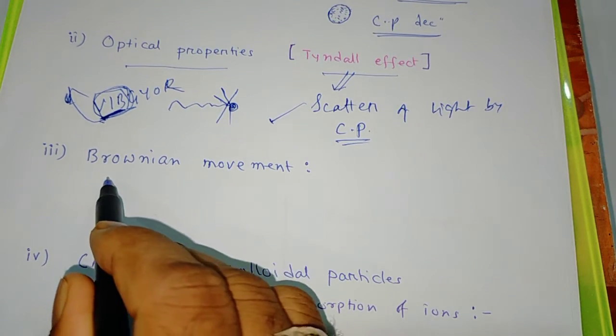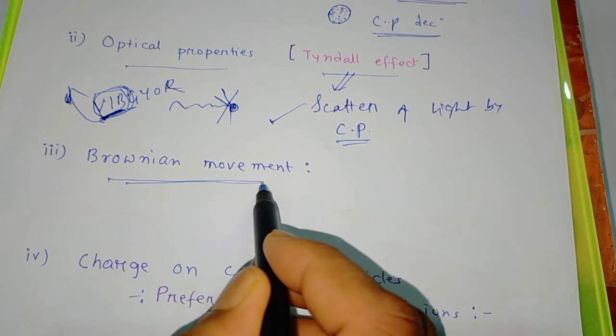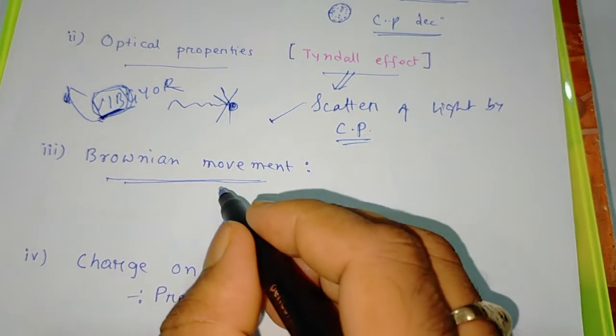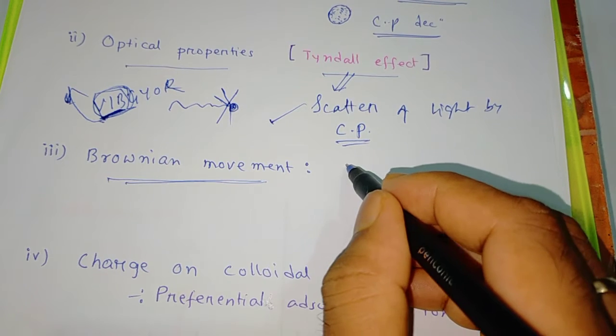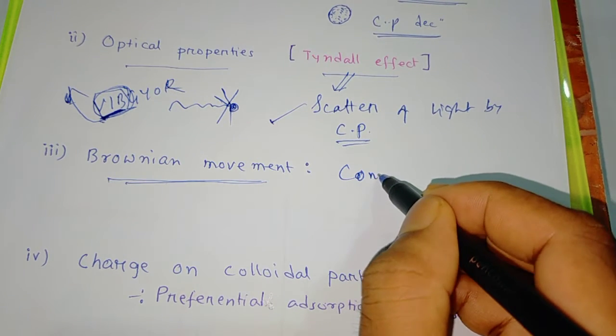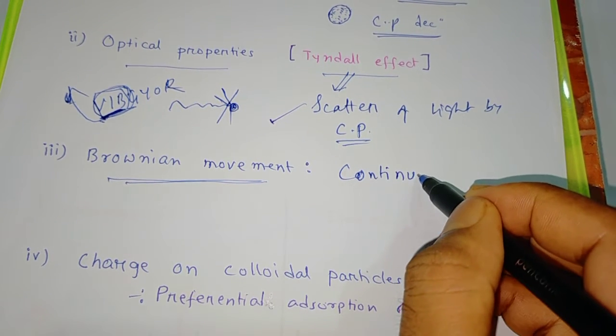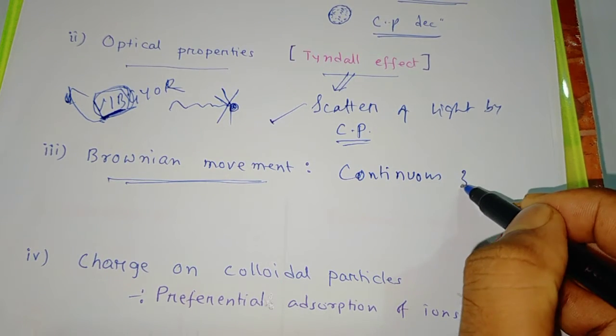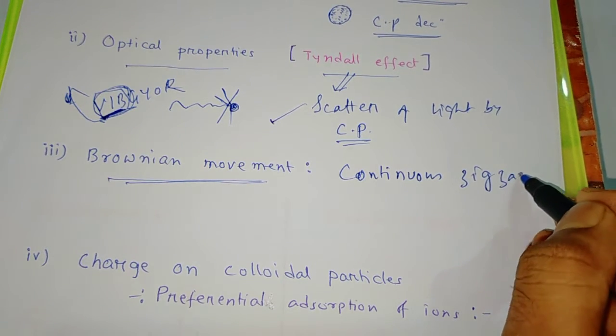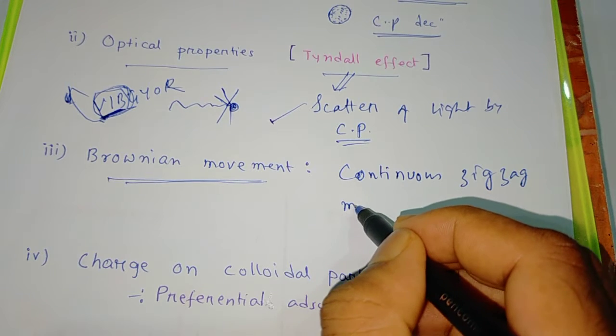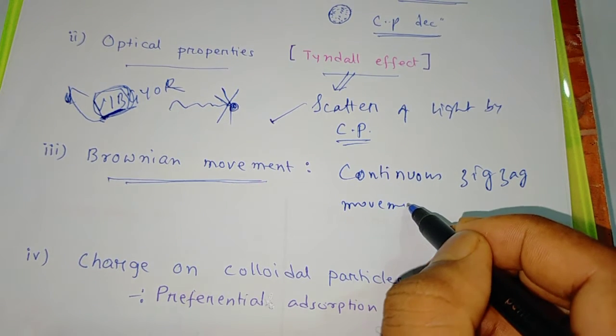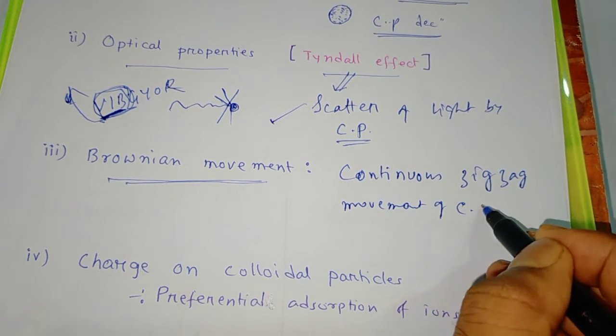Next one we have to read about the Brownian movement. Brownian movement is continuous zigzag movement of colloidal particles.